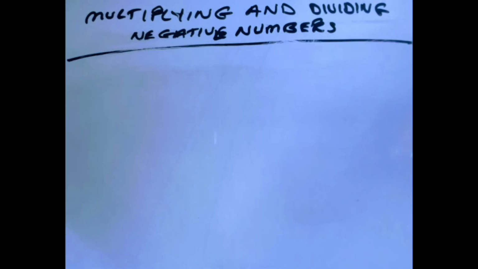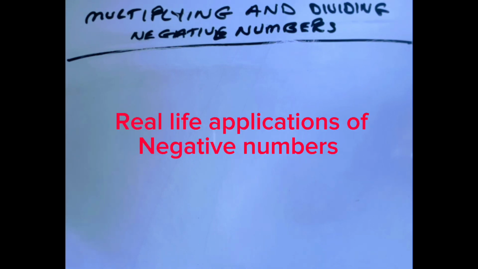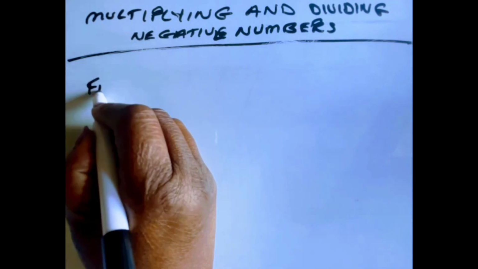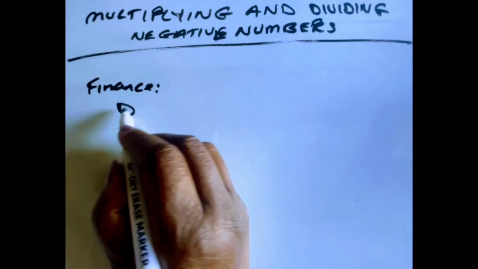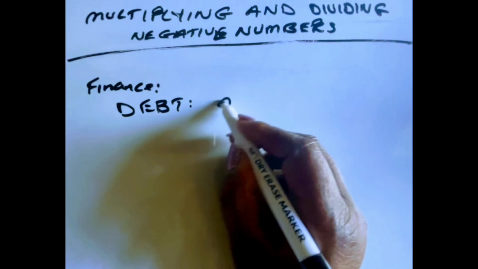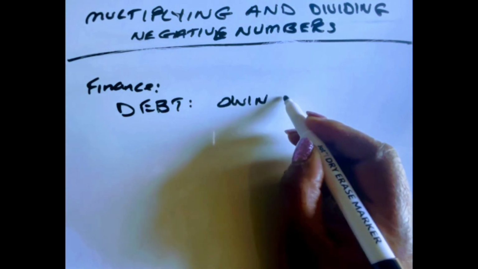Now that we have covered multiplying, dividing negative numbers, also addition and subtraction, let's see how negative numbers can be used in various real-life situations across different fields, okay? So, for example, in finance, when you're dealing with debt, when you owe money, owing money is always represented as a negative number.